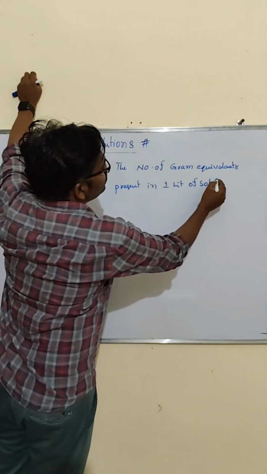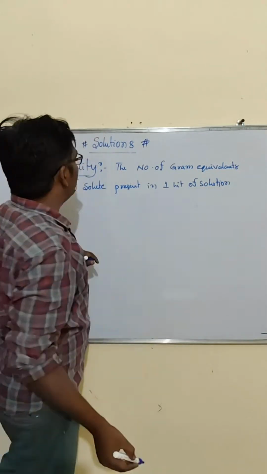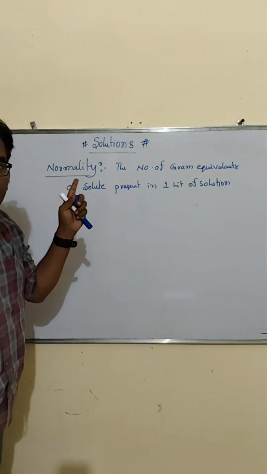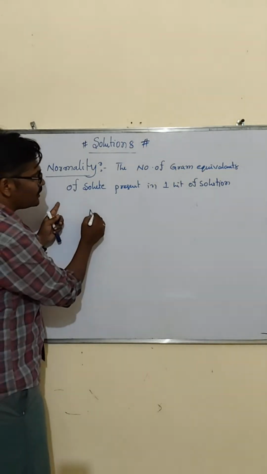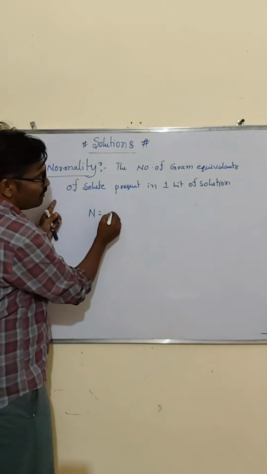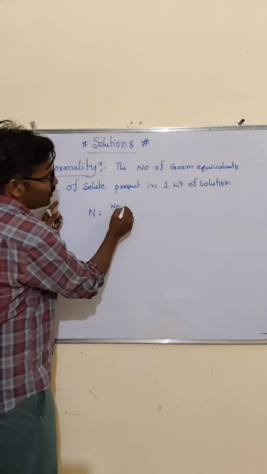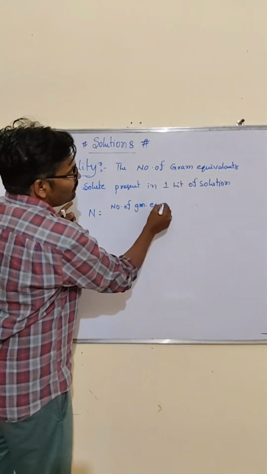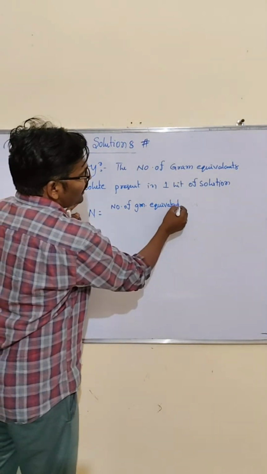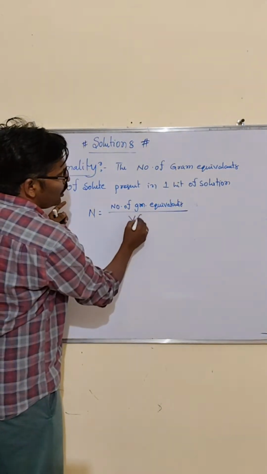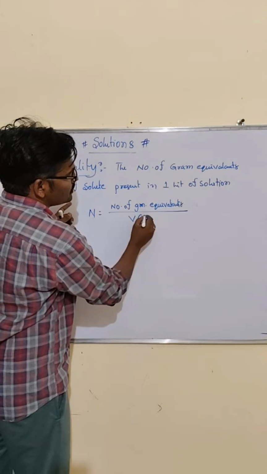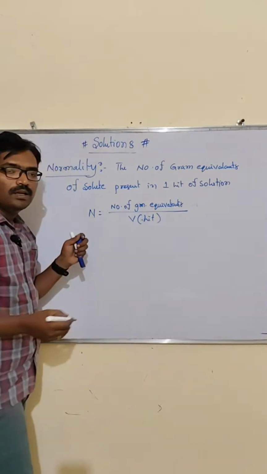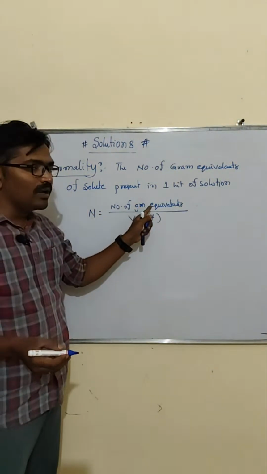This is the definition of normality, right? Normality equals number of gram equivalents divided by volume in liters. Sir, what is the number of gram equivalents?